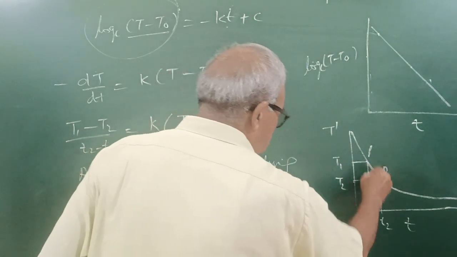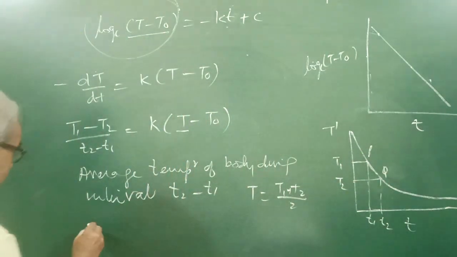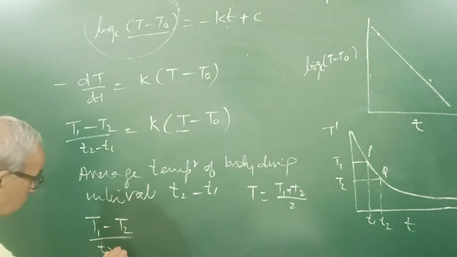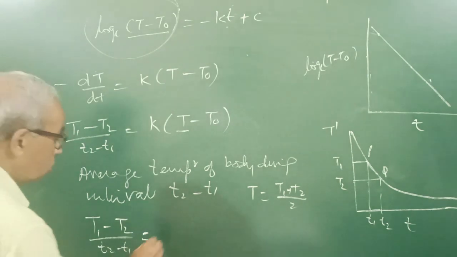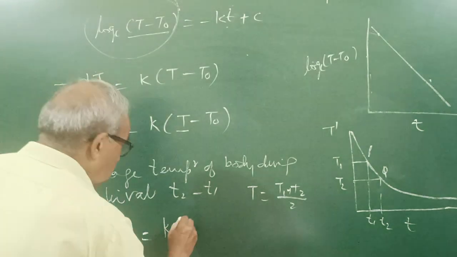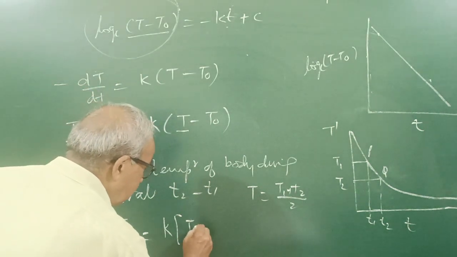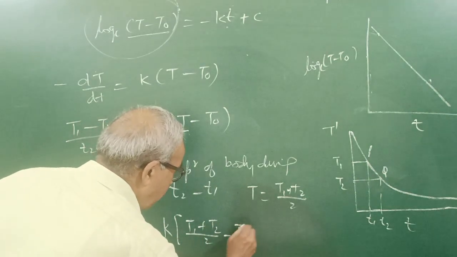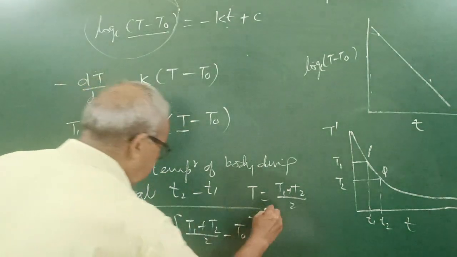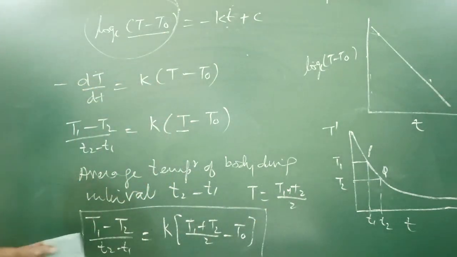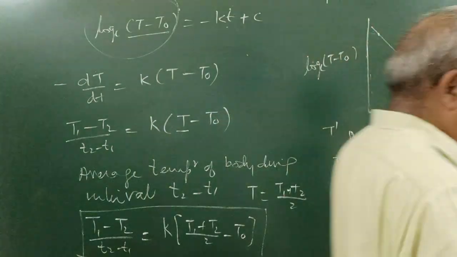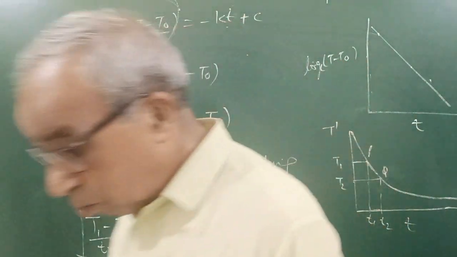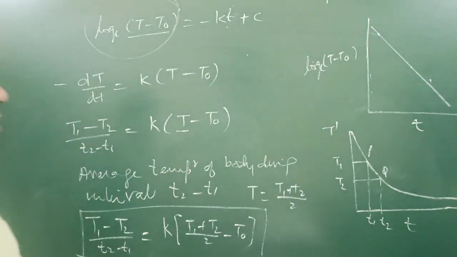So here we can write (T1 minus T2) upon (t2 minus t1) is equal to K into bracket (T1 plus T2) upon 2 minus T0. Using this, we can find out the fall of temperature in a given time interval.